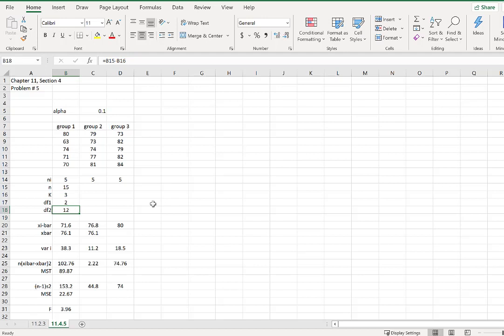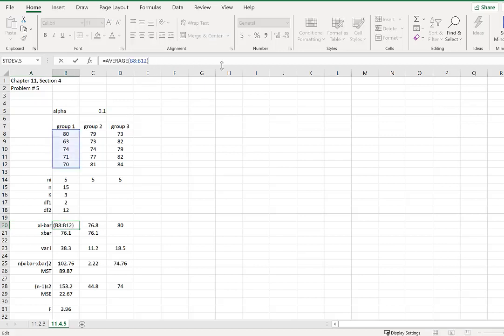Now I mentioned I'm going to have to calculate the means for each of the groups. So I've called it xi bar, so x sub i, so x1, x2, x3. Bar for x bar being the mean, so looking at what is the mean of group 1, the mean of group 2, the mean of group 3. To do that, I used the function right out of Excel for calculating the mean, or the average of that sample.